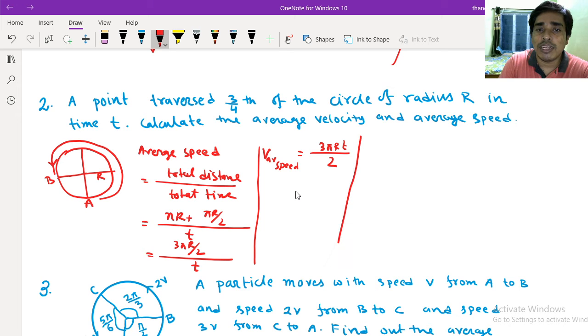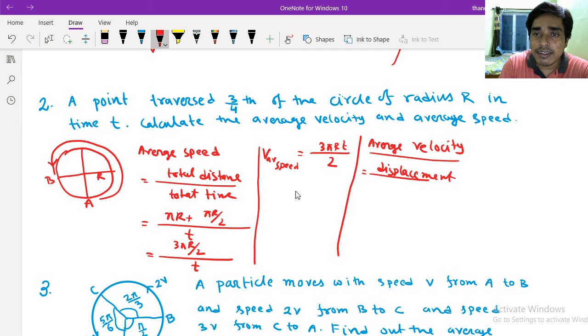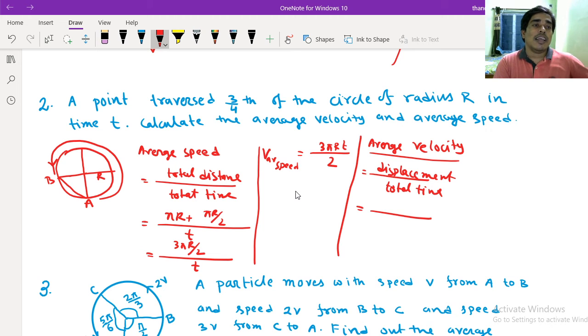Now you have to calculate average velocity. For the average velocity it will be total displacement, not distance, divided by total time. This is the displacement, and here it is r and r.